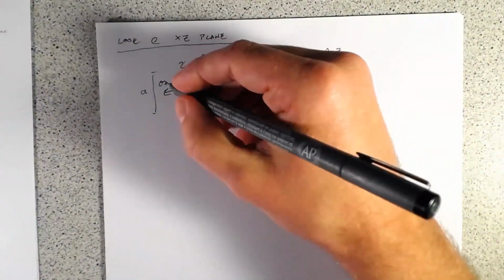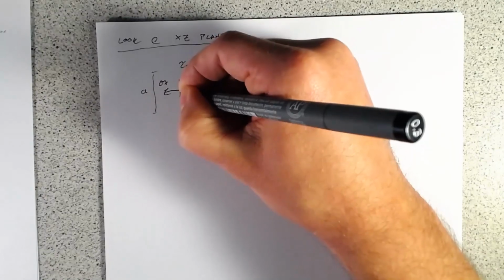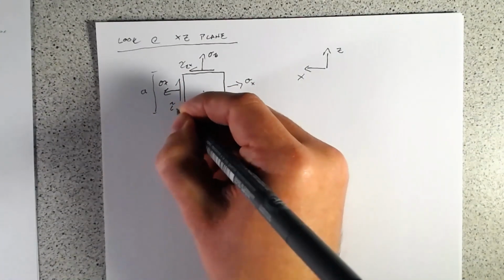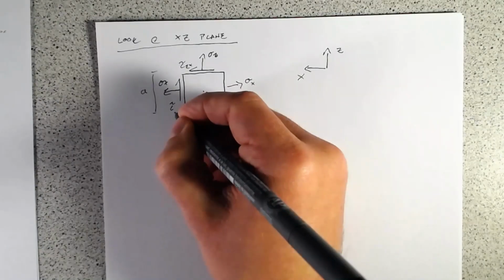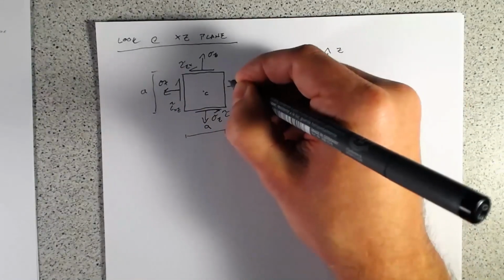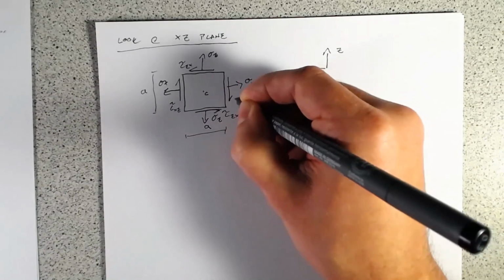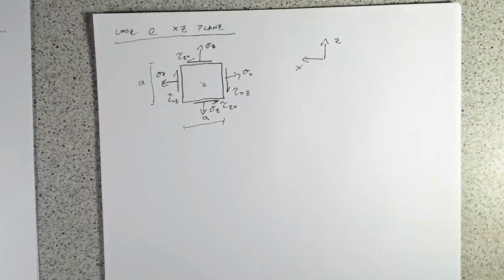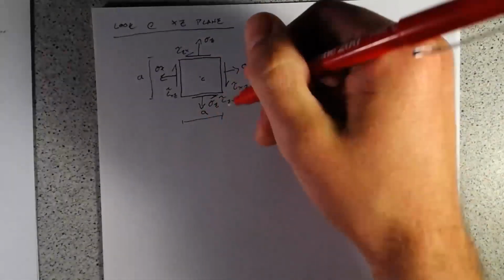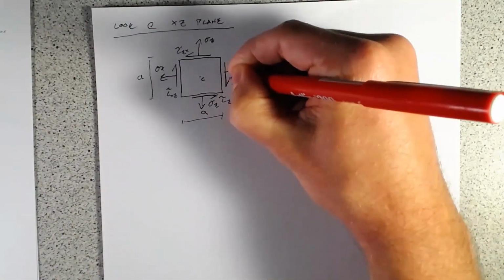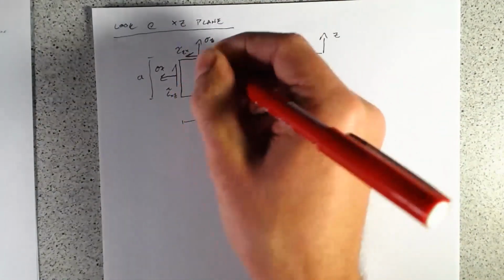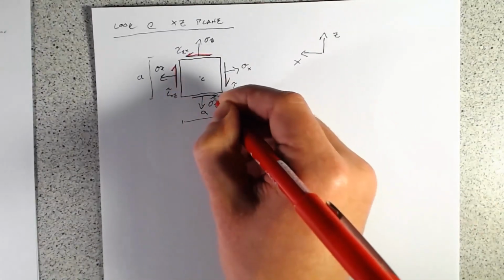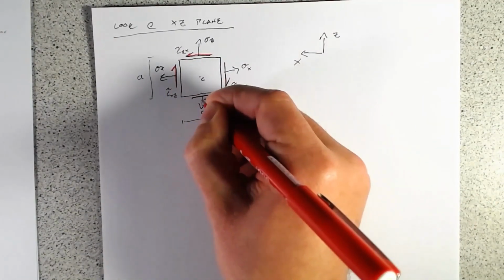So we will draw those in, and maybe highlight those in red to make them easier to pick out on camera.